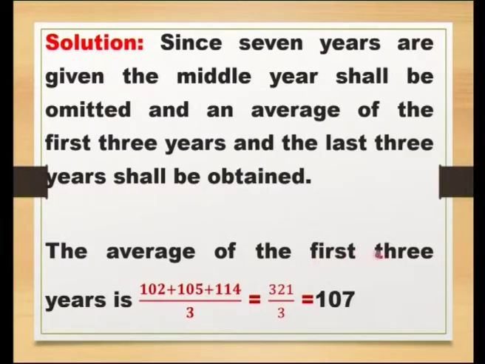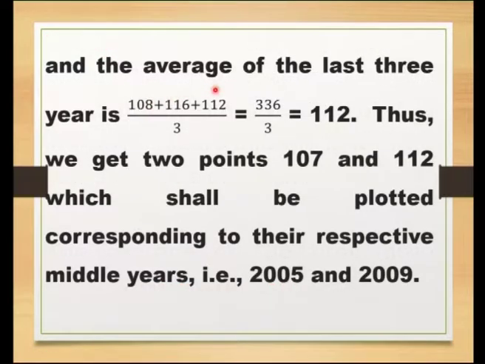Like this it is calculated. First of all, the average of the first 3 years is 102 plus 105 plus 114. 3 values are taken into account, therefore, divided by 3, which is 321 by 3, equal to 107. And the average of the last 3 years, leaving the middle value corresponding to the year 2007, is calculated for 2008, 2009 and 2010: the values are 108 plus 116 plus 112. 3 values are taken, therefore, divided by 3, 336 by 3 is equal to 112.